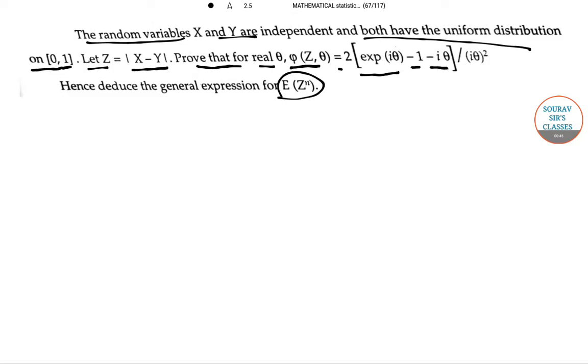So how do we do it? First, we'll have to draw a diagram. For this, we'll take the origin 0, we'll take x here, we'll take y here.